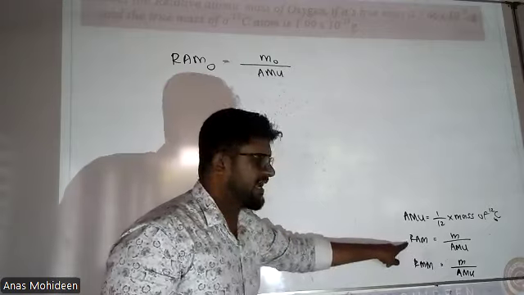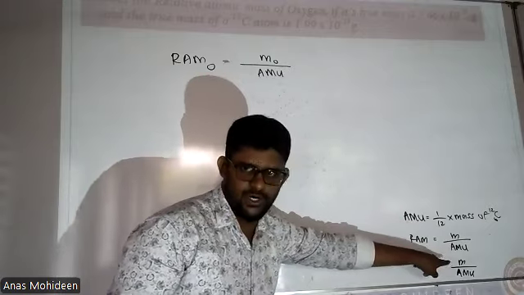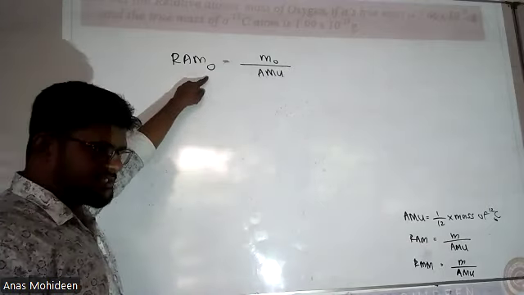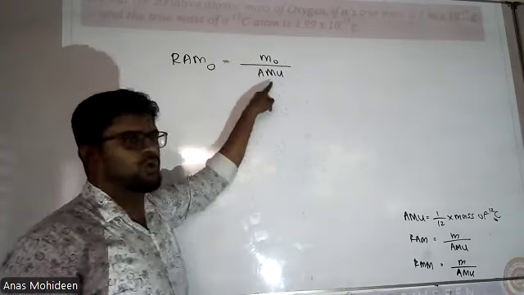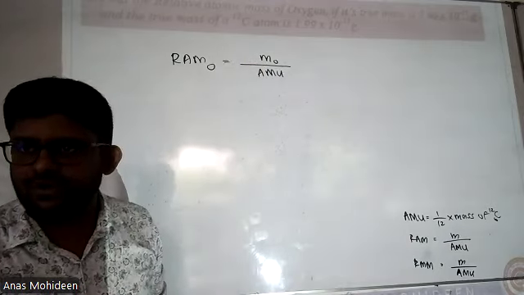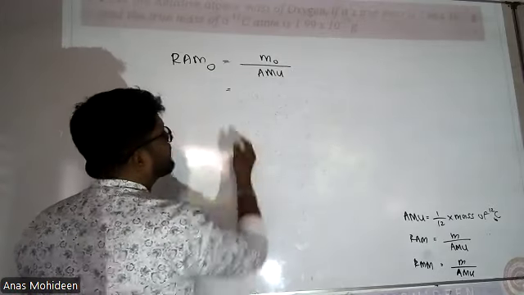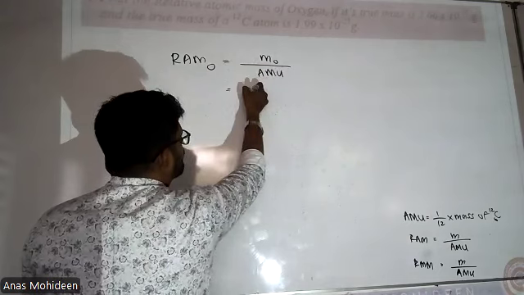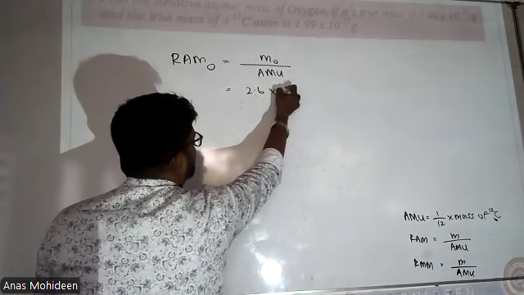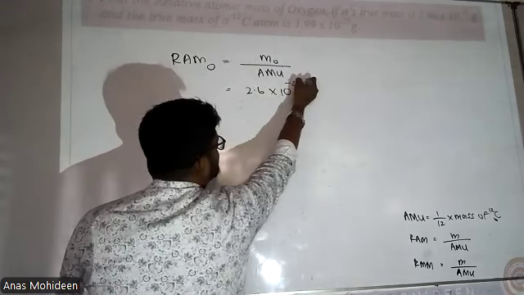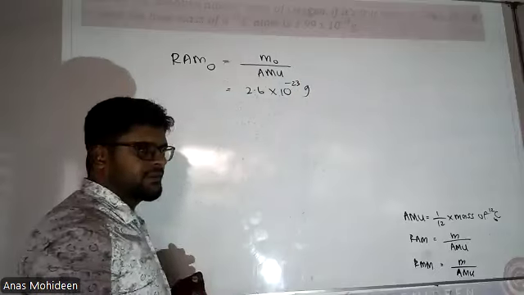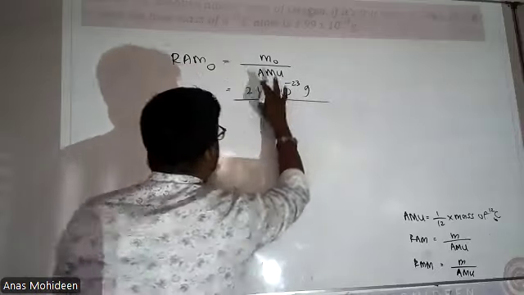Ar equals m over AMU. Relative atomic mass of oxygen is equal to mass of oxygen over AMU. Now, what is the mass of oxygen? What is the real mass given? 2.66 into 10 to the power minus 23 grams. Dividing by.